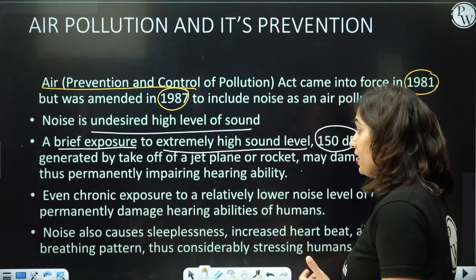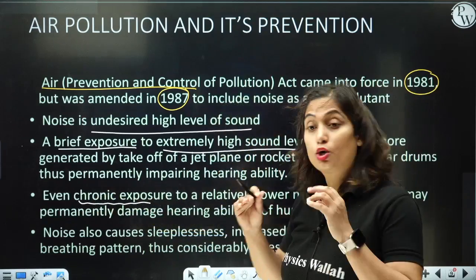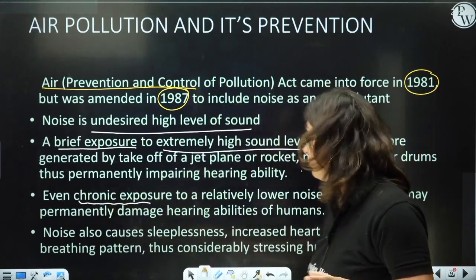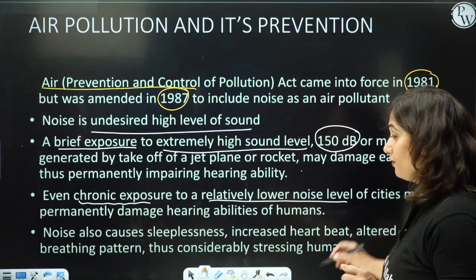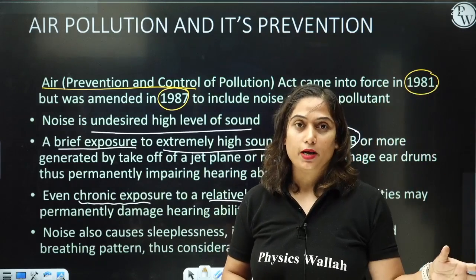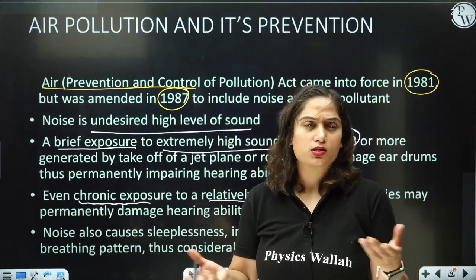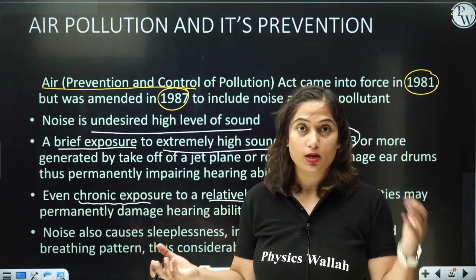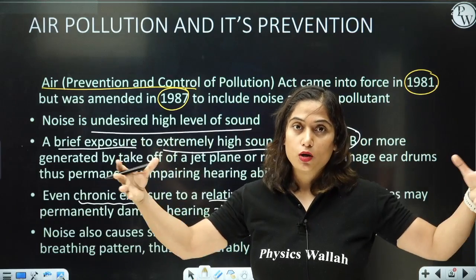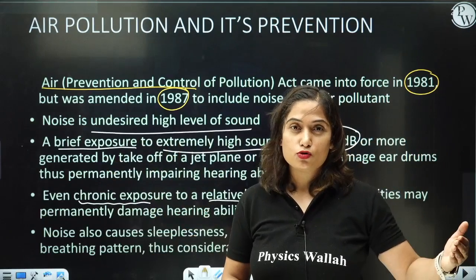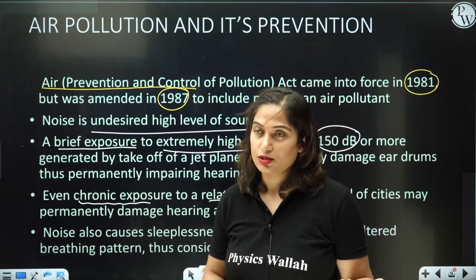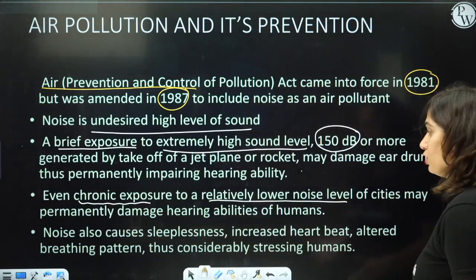But even chronic exposure, which means continuous exposure for a longer period of time, to a relatively lower noise level, say 80 or 90 dB, can also cause permanent damage to our ears.